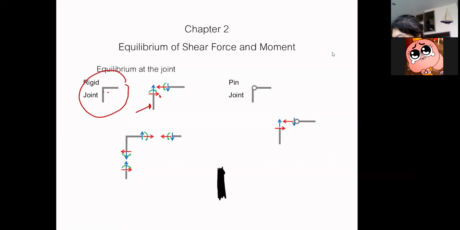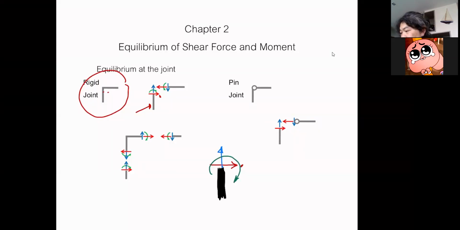When I cut the free body diagram, I can have this, right? You see this force is now perpendicular to the black member. So in fact, this is a shear force, right? When you look at this member, this is a shear, because it is perpendicular to the member. And I can also still have the axial force. And naturally, because this is a rigid member, I can have moment.